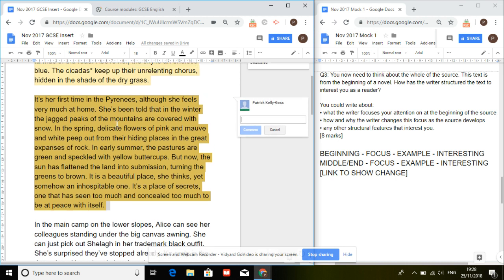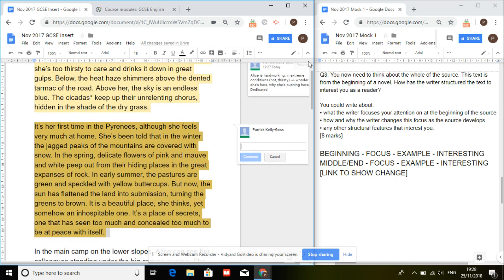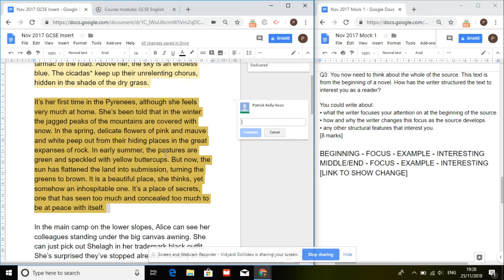But considering what I was just thinking, that Alice is hardworking in extreme conditions, I'm going to carry on talking about this extreme conditions here. I'm going to think: sun flattening the land into submission. This to me feels like the land is violent, dangerous conditions.